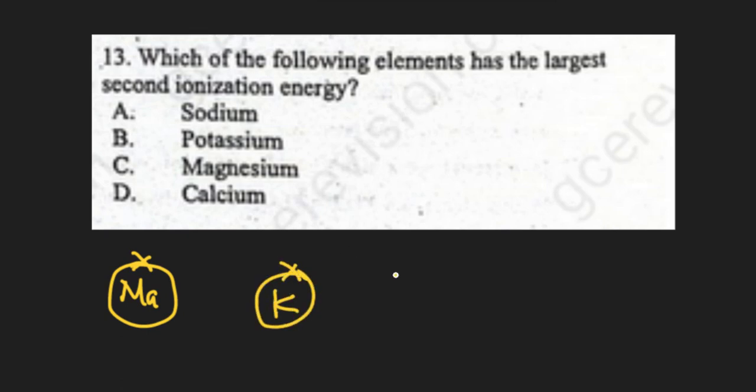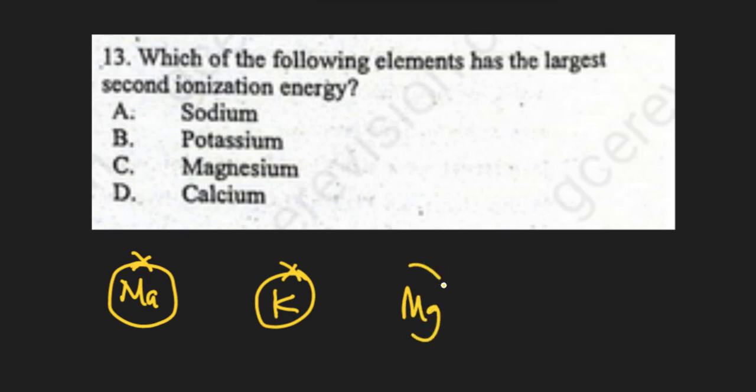Question 13. Which of the following elements has the largest second ionization energy? Second ionization energy simply means the first electron has been removed from each of the atoms, and we are now to remove the second electron. So we have sodium, which has one valence electron. We have potassium, which has one valence electron.